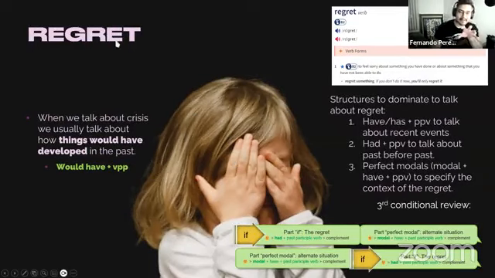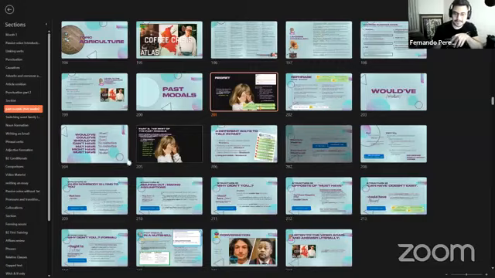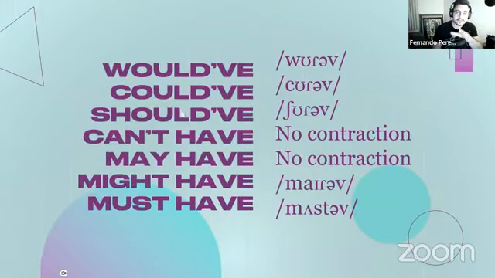And this is the perfect way to understand all the perfect models. Would have, could have, should have, can't have, all of these usually speak about regret. You know?